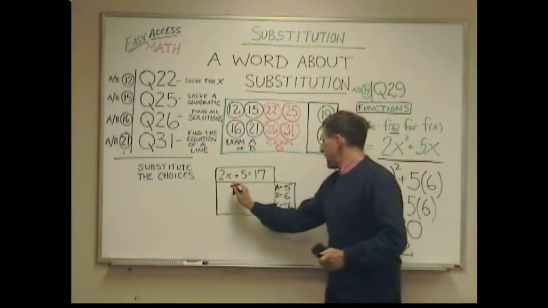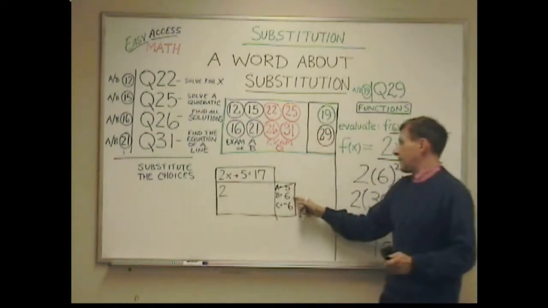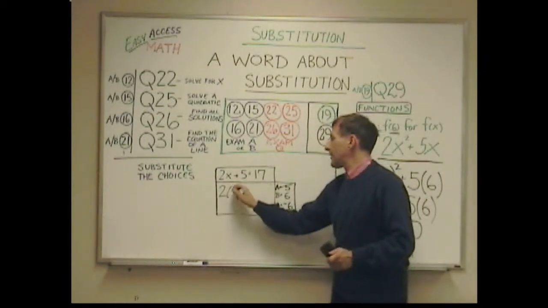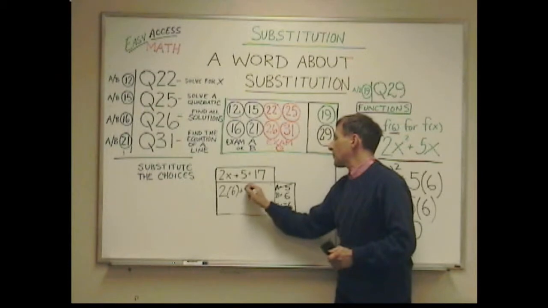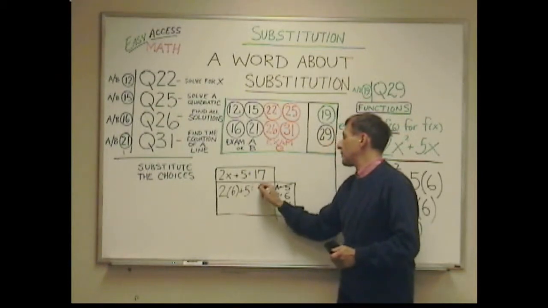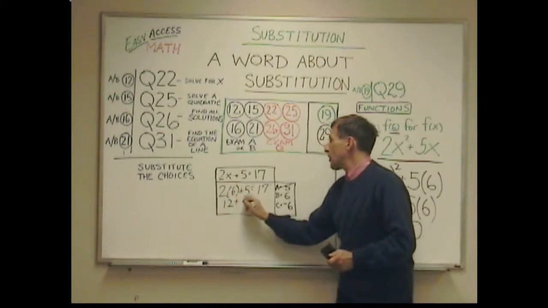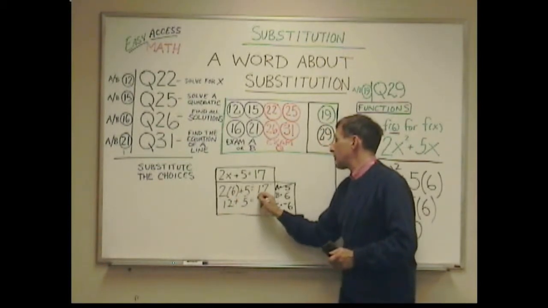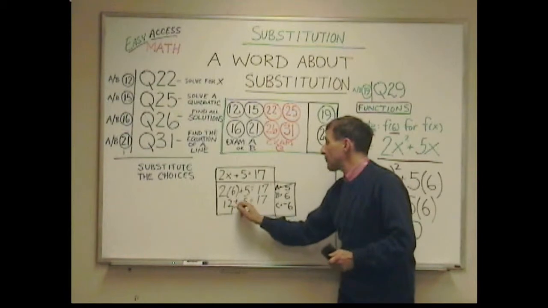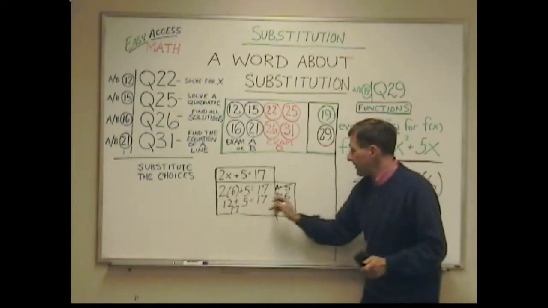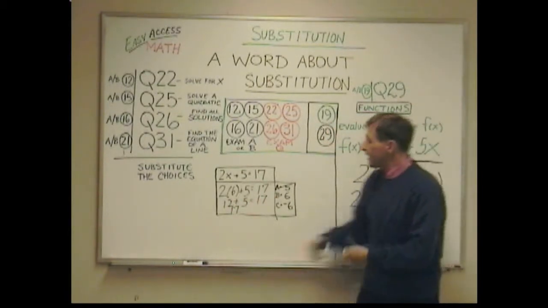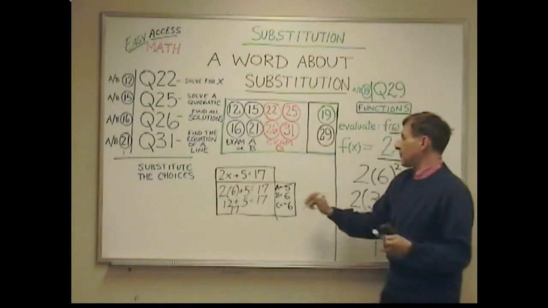Now, if I try B, which is 6, 2 times 6 plus 5 equals 17. 2 times 6 is 12, plus 5 equals 17. 12 plus 5 is 17. This equaled, so we know that 6 is the answer. 6 worked.